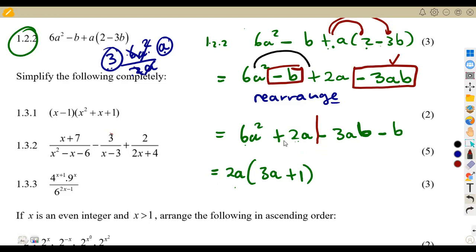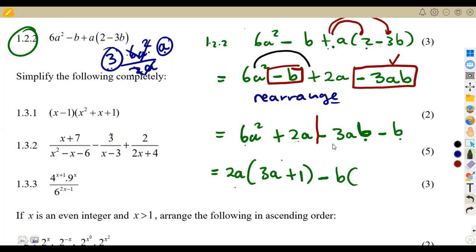I told you that once you consider a condition like this, you are supposed to factor out whatever you do so that it will be the same as what you have in this bracket. So I'm going to consider that I have positive all through the bracket. In order for me to have a positive here, because there's a negative, I'm going to factor out a negative so that it becomes a positive. And as you can see, b is common, so you're going to factor out negative b.